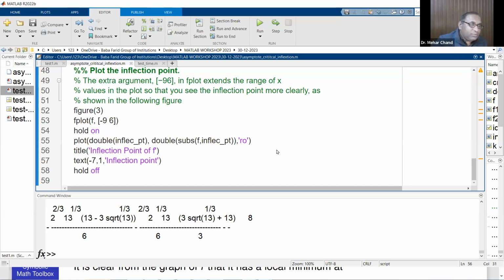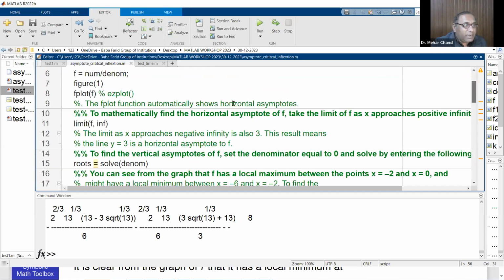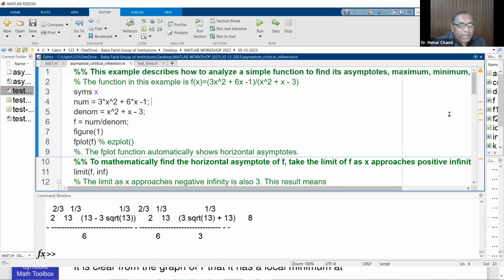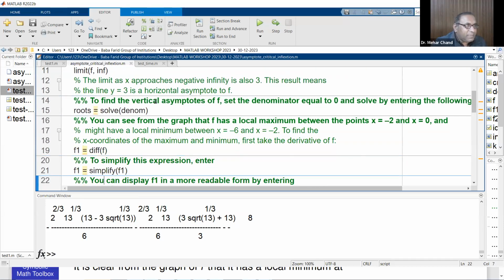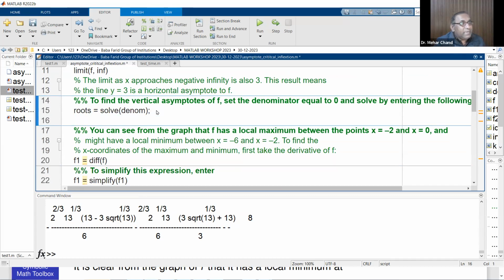Also, there is one more thing I should explain. On the right hand side, you can see some warnings. These warnings are because we are not using a semicolon at this place. If you want to print this value, then use the display function.